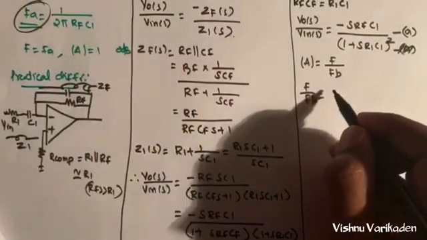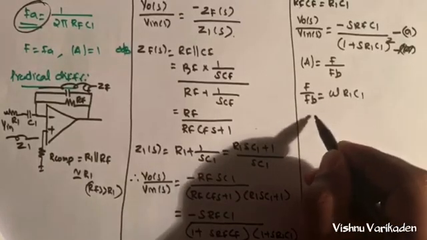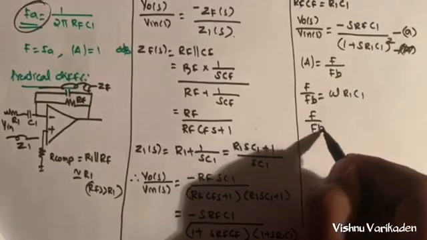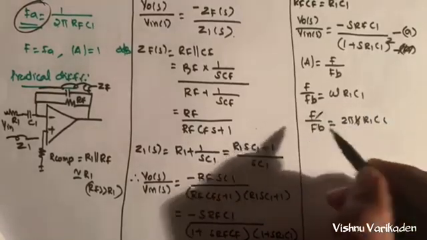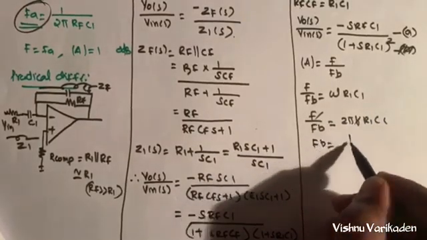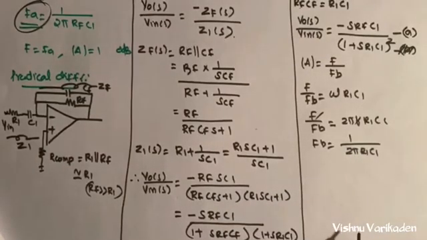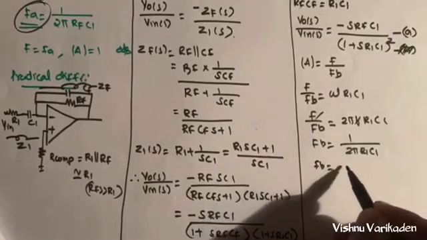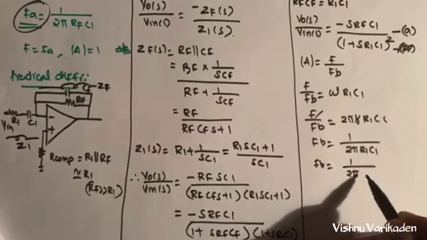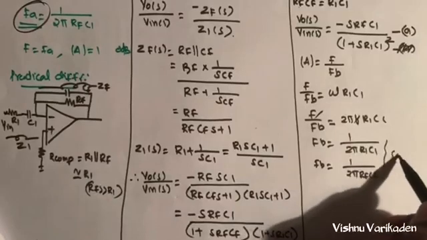So F by FB is omega R1 C1, that is 2 pi F R1 C1. Cut this, so FB is equal to 1 by 2 pi R1 C1. FB is the gain limiting frequency. Also we can write F is equal to 1 by 2 pi RF CF. These are the same.